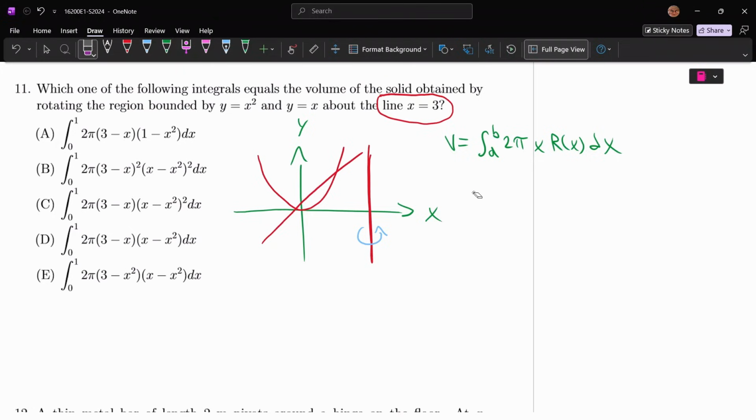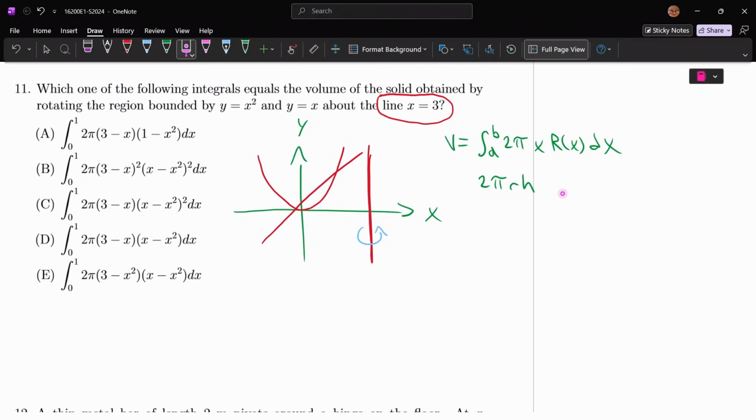The more generalized form of the shell method is where you multiply 2 pi times a radius and a height, where the radius and height are represented by some sort of function.